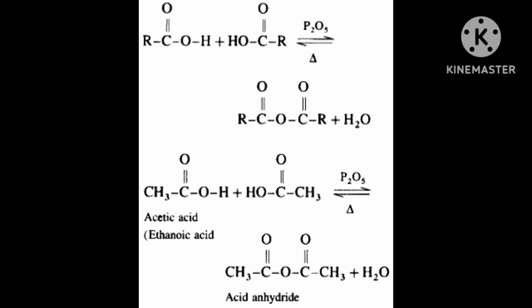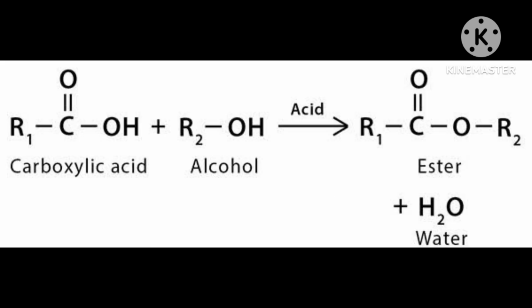Then the reaction I am telling you: RCOOH. The double bond of oxygen will not break, always keep this in mind. Only the single bond OH will break. Then RCOOH plus PCl5: here OH will go and in its place Cl will come from PCl5.